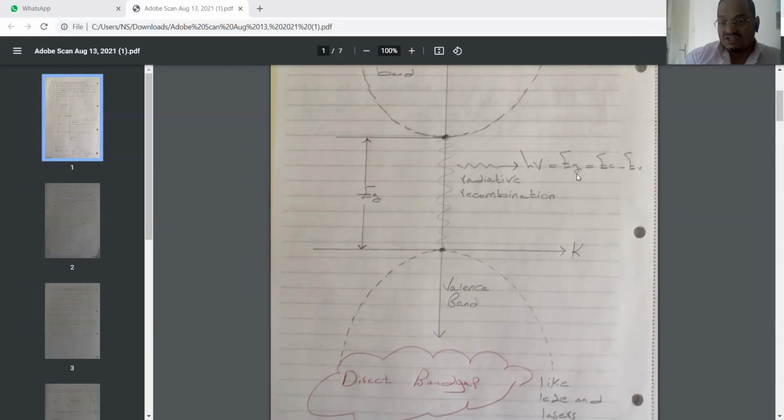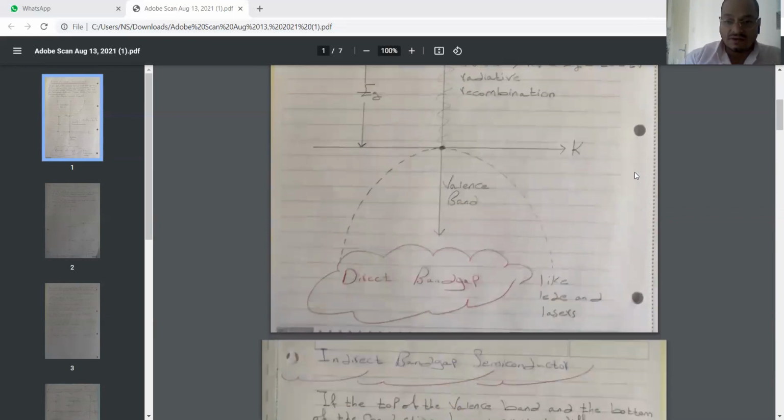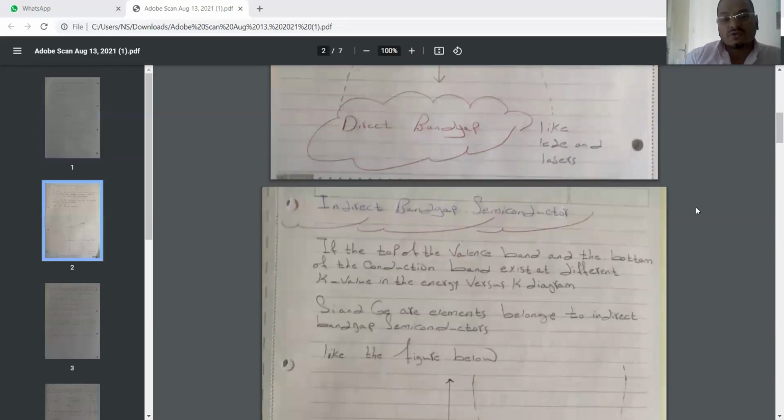That means EG equals EC minus EV. That's it, shortly.